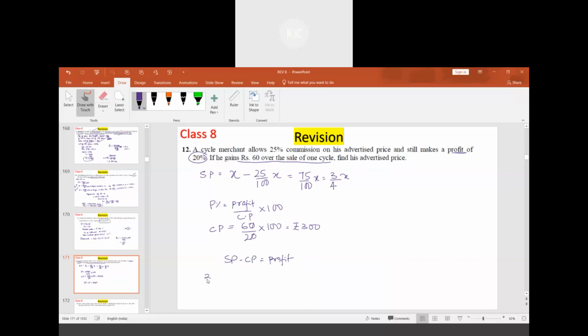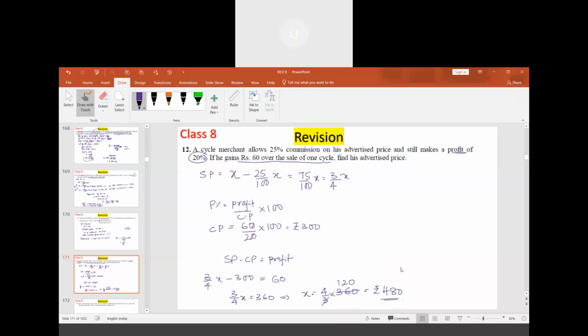SP is 3 by 4 x minus 300, which is equal to 60. So 3 by 4 x is equal to 360. X is equal to 4 by 3 times 360. This will be 120 times 4, so we can express it as 480. So rupees 480.